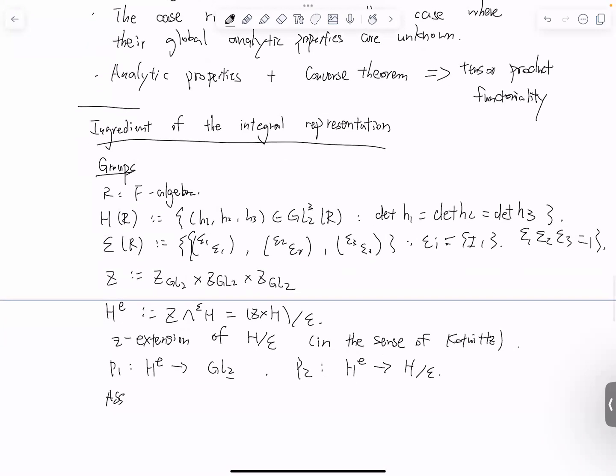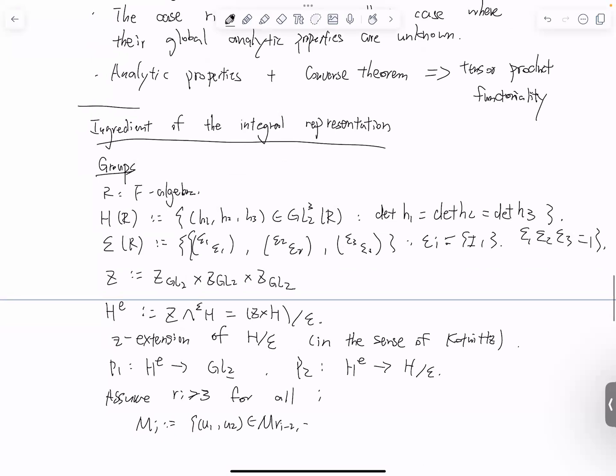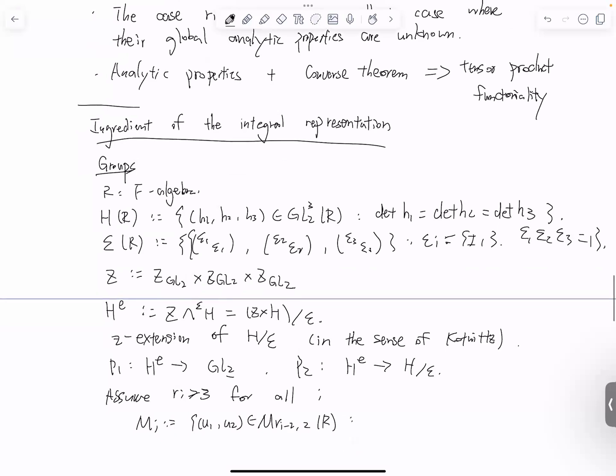And if we assume Ri are greater or equal to 3, we denote Mi to be the set of (U1, U2) in Ri minus 2 matrices such that U1 wedge U2 is 0.